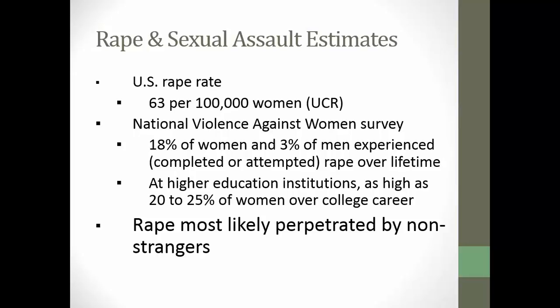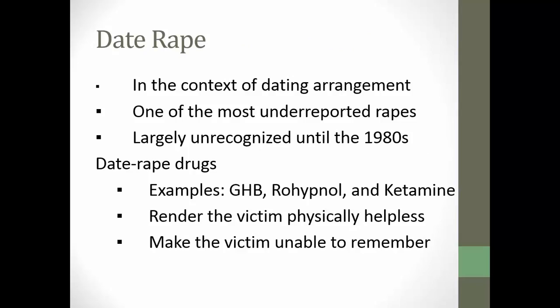As with other violent crime, rape is most likely to be perpetrated by non-strangers, by acquaintances, by friends, by spouses. And so it brings up the issue of date rape, a term that came out of, when I was a teenager was the first time I remember people talking about this.